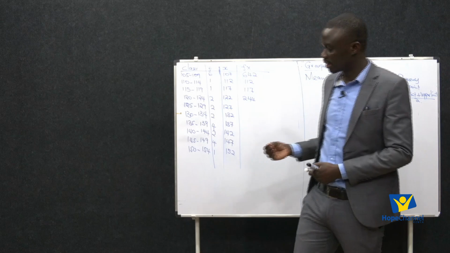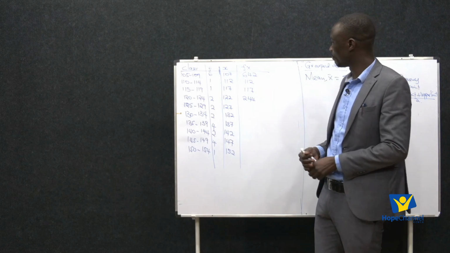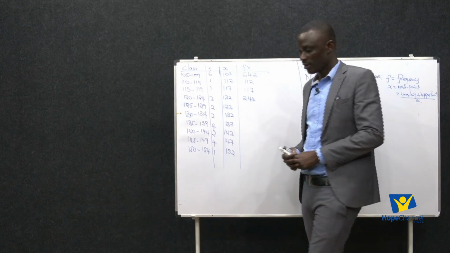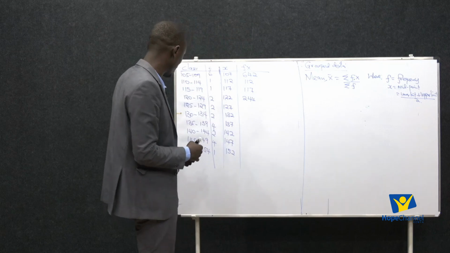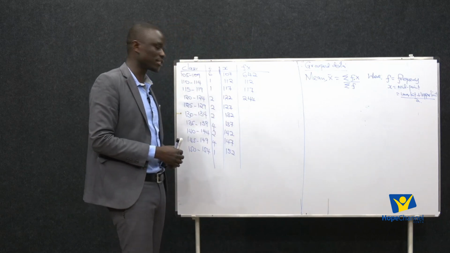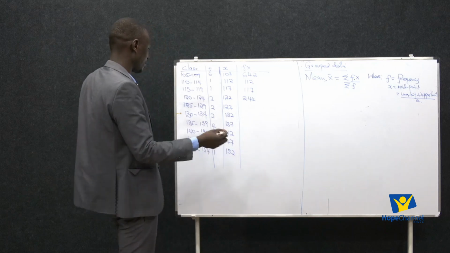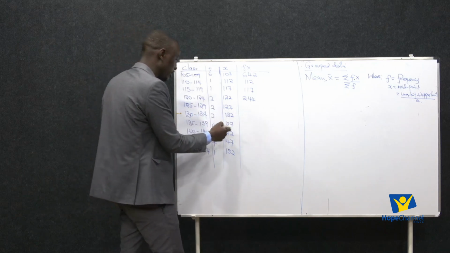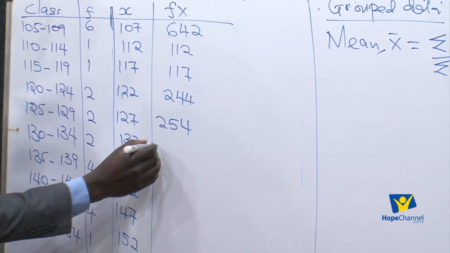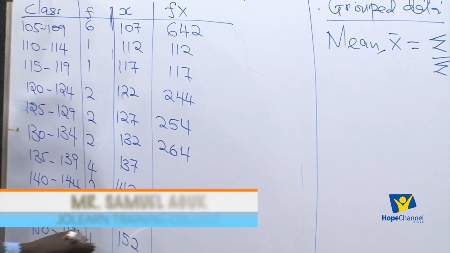Continue multiplying until you complete all the column. I can see some of us are very active, we can complete them very fast. Let's complete. 2 times 127, that is 254. 2 times 132, that is 264.